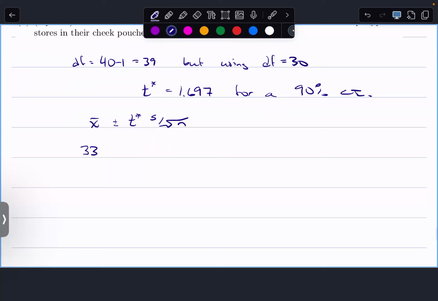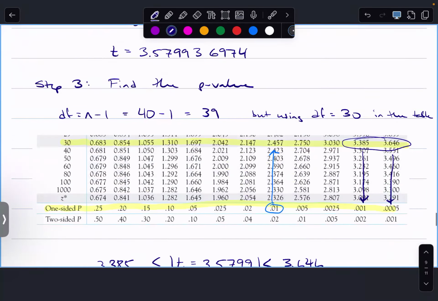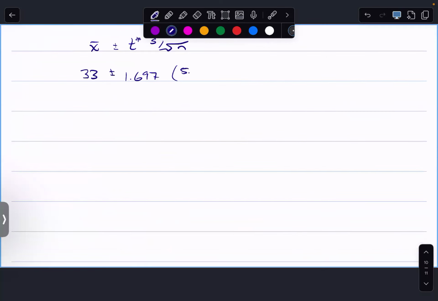So we get 33 plus or minus 1.697 times, was it 5.3, I think? 5.3 over root 40. 5.3 divided by the square root of 40 times 1.697 is 1.422092075.